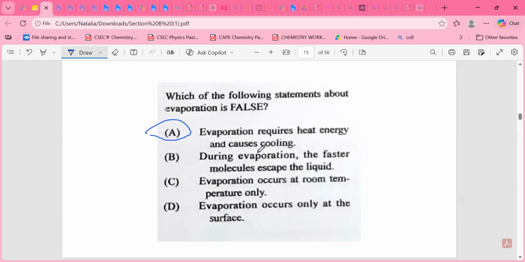It's a true statement. The first one: during evaporation, the faster molecules escape the liquid. That's true. Evaporation occurs at room temperature only. That's not true. It occurs at any temperature. And it occurs only at the surface is true.